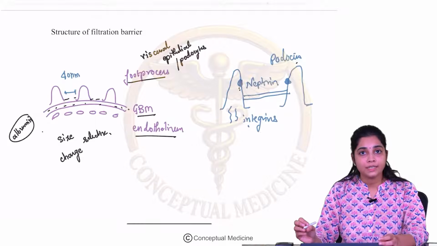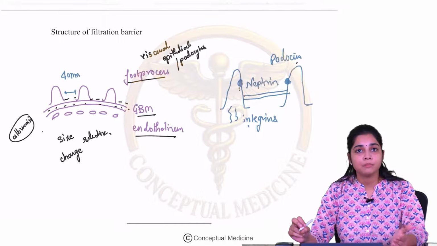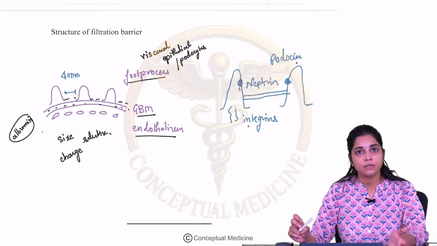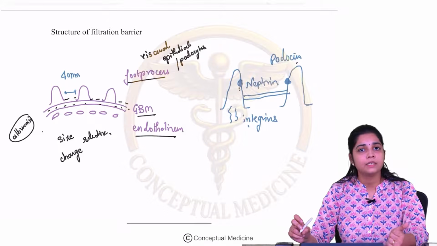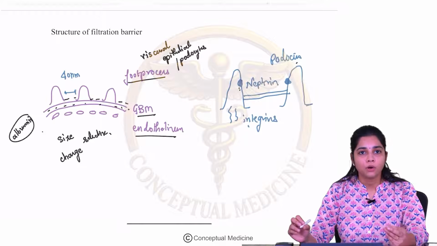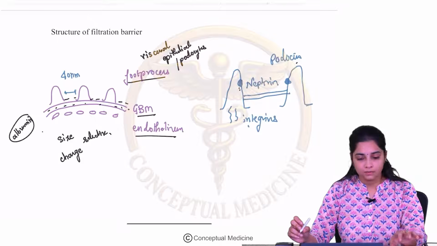Albumin is negatively charged, so it is repelled by the negatively charged glomerular basement membrane. This ensures that there is no albumin leak into the urine, so in normal conditions there is no proteinuria. That is the importance of the filtration barrier.